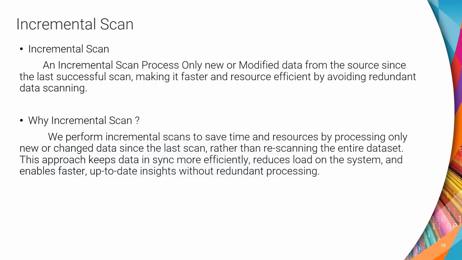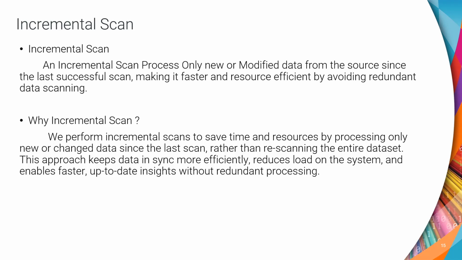Incremental scan. What is incremental scan? An incremental scan processes only new or modified data from the source since the last successful scan, making it faster and resource efficient by avoiding scanning redundant data. Why is incremental scan required? We perform incremental scan to save time and resources by processing only the new or changed data since the last scan, rather than rescanning the entire dataset.